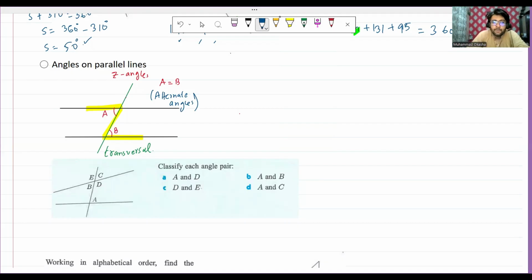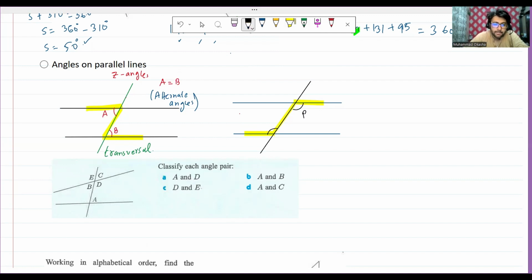Now here's another example. Let's say that these are parallel lines. If a transversal cuts through these lines, a Z can also form like this. This is also kind of a Z. And of course, the angles on the inside of the Z, let me name them differently.